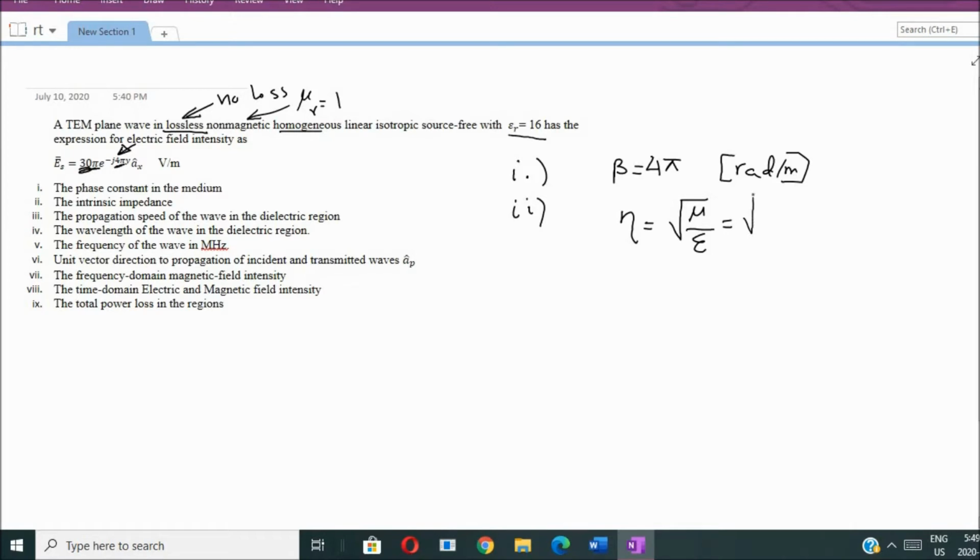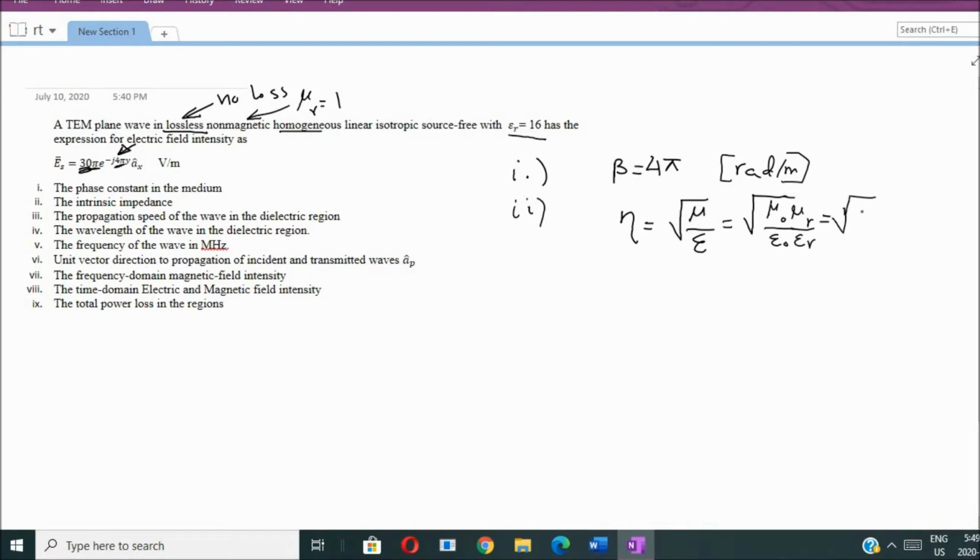Actually, no formula sheet will be given, so you can write down the formulas. Intrinsic impedance is square root of mu over epsilon, so equal to square root of mu naught over epsilon naught times square root of mu r over epsilon r. Here mu naught over epsilon naught is known, that's the free space impedance.